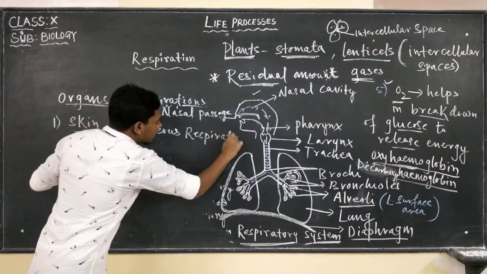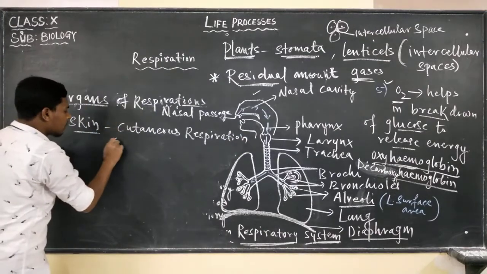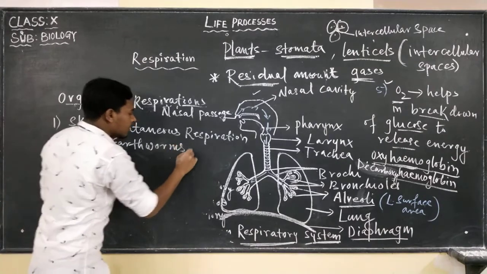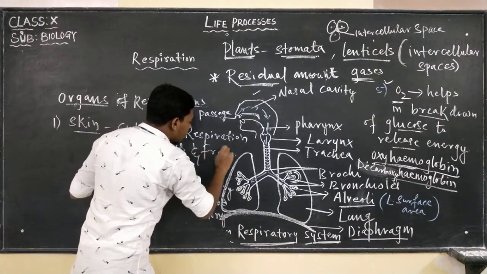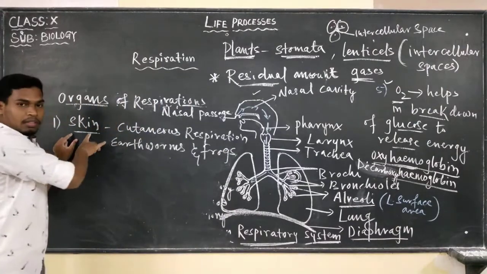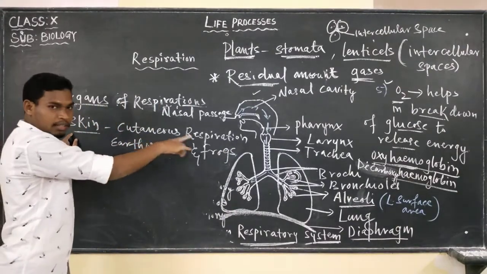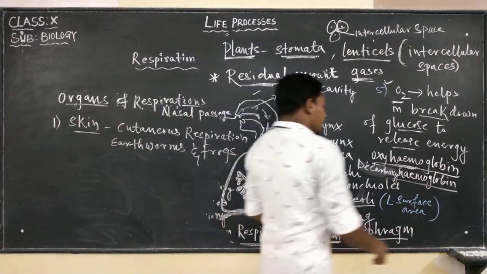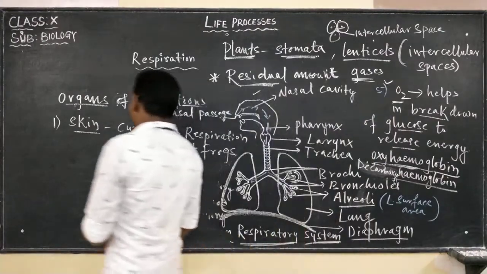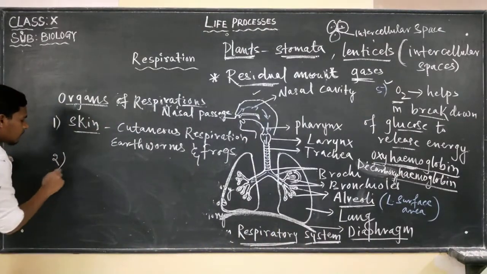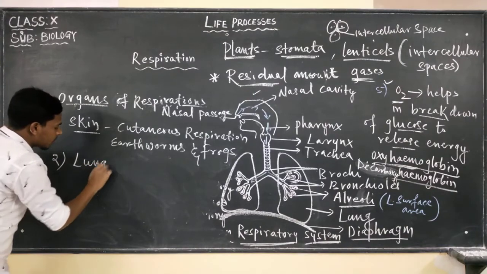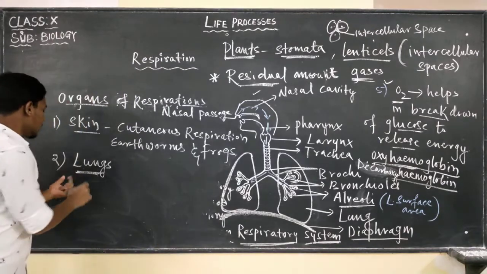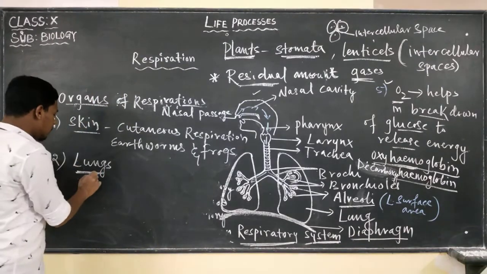Cutaneous respiration is seen mostly in earthworms and frogs. So the respiration through skin is known as cutaneous respiration, and examples are earthworms and frogs. And the respiration done by lungs: all the higher vertebrates respire with the help of lungs.